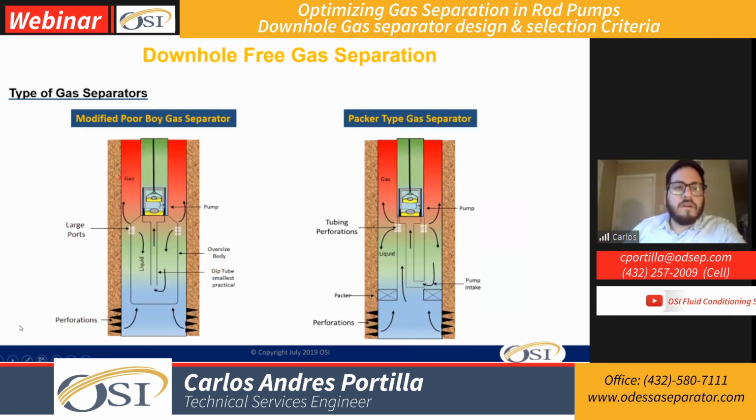Okay. So we have our modified poor boy gas separator. For this one, what we're doing is modifying the diameter of the gas separator. So now we're enhancing our gas separation here in the annular and inside of the gas separator.